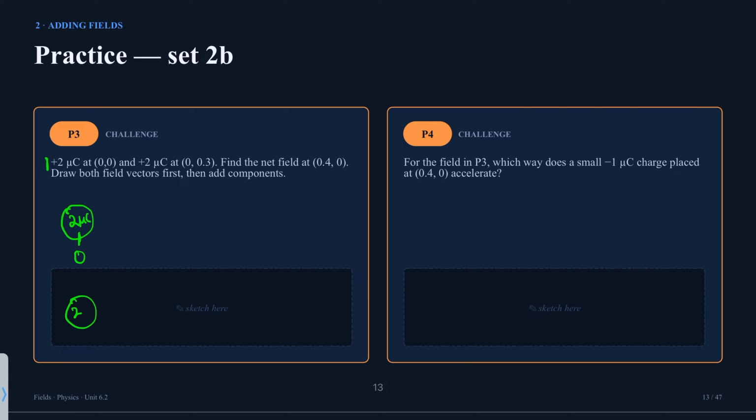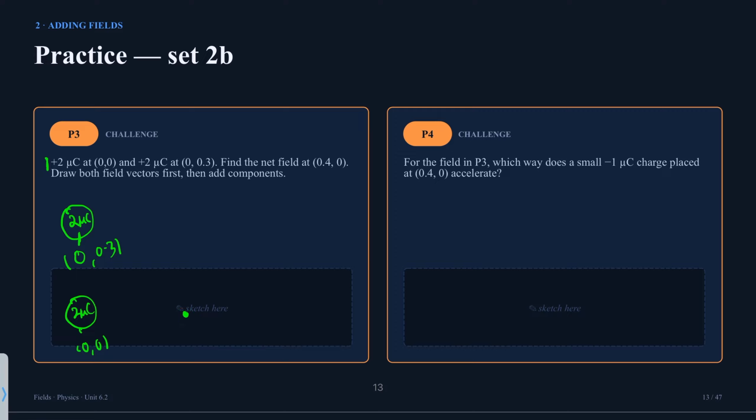I shouldn't have probably drawn it over there, but over here, we can consider this to be 0, 0, this to be 0, 0.3. Okay. We need to find the net field at 0.4, 0. So that's a ways off. So 0 here, so it's about here, okay?